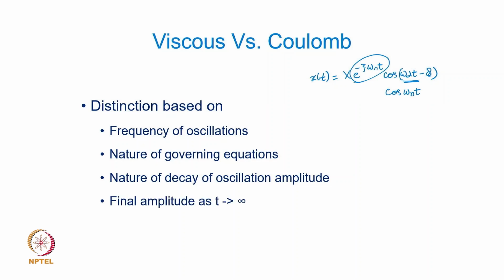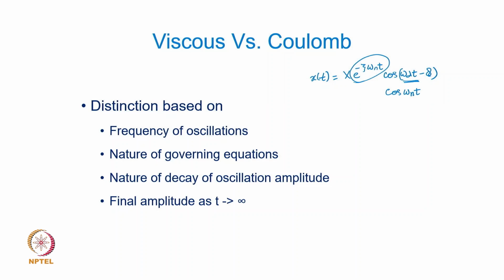Then we also discussed that in case of Coulomb damping, because of the friction force being constant, after a certain time, if the amplitude of vibration drops below a certain limit, the motion ceases and the system, or the mass, simply gets locked at a particular point.